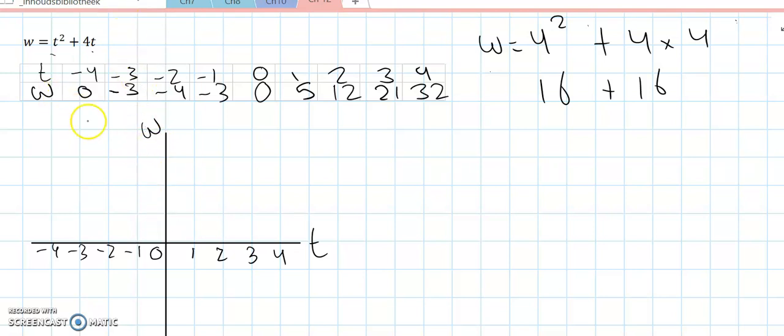If you see the table, you can see that the lowest number is -4, and the highest number is 32. If you draw parabolas, you don't always get all the values in your coordinate system. So for now, I think it's best if we take steps of 2.